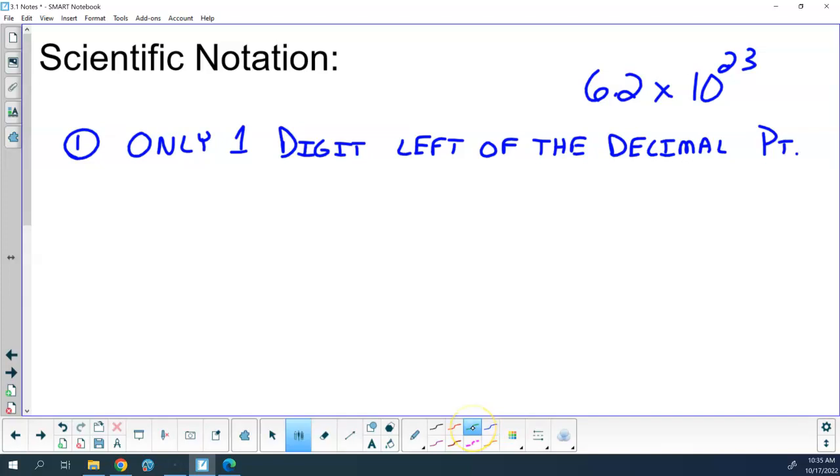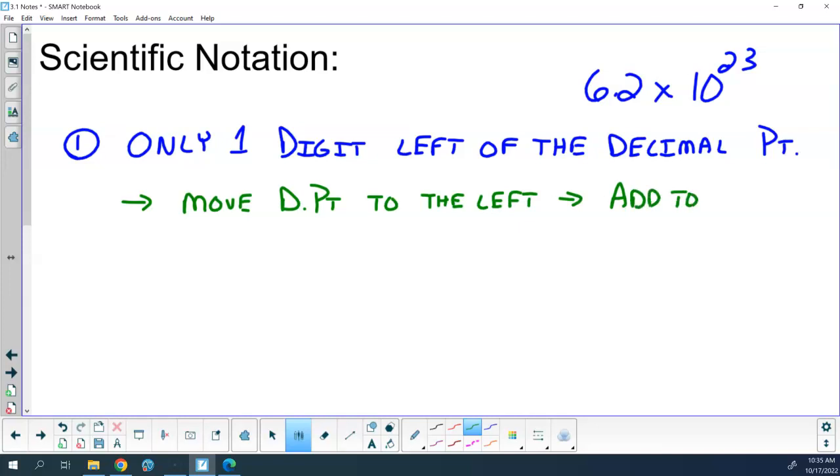What I mean by that is if you move the decimal point to the left, you add to the exponent.